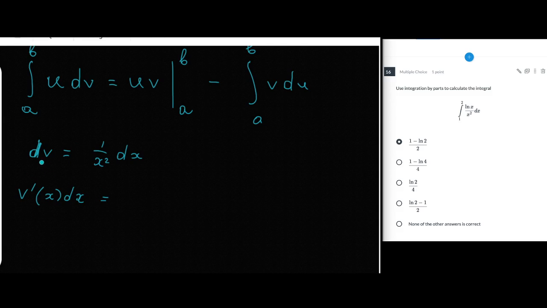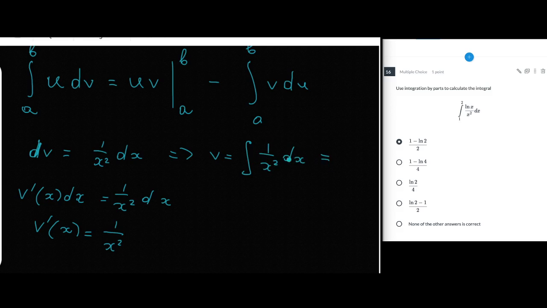So, by saying that dv, the differential of v, equals 1 over x squared dx, we are saying that v prime of x dx matches 1 over x squared dx. In other words, v prime of x, the derivative of v, must equal 1 over x squared. And that means that v is the antiderivative, at least one of the antiderivatives of 1 over x squared. And so to find v, we actually need to integrate 1 over x squared dx.